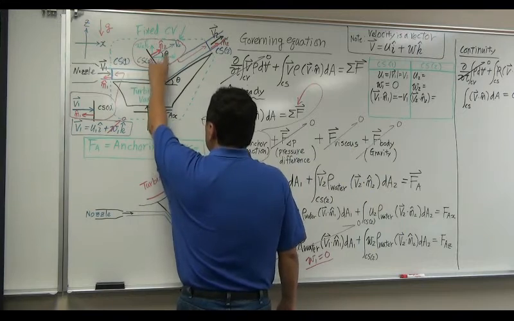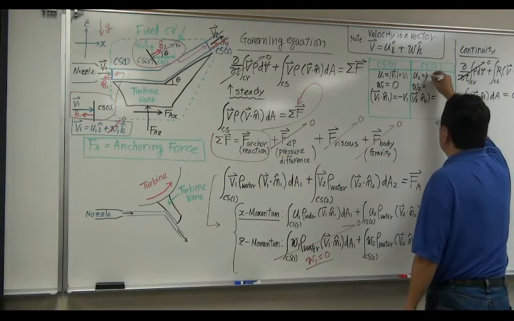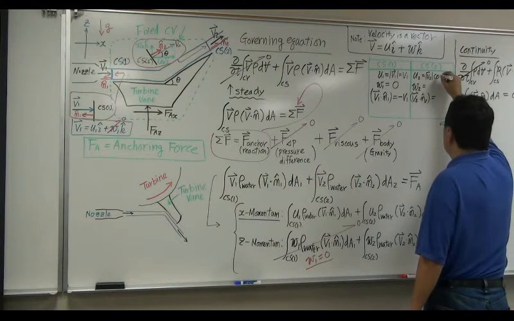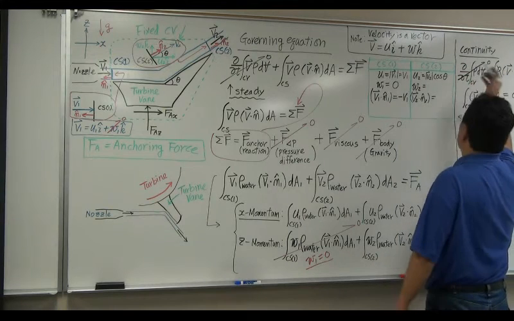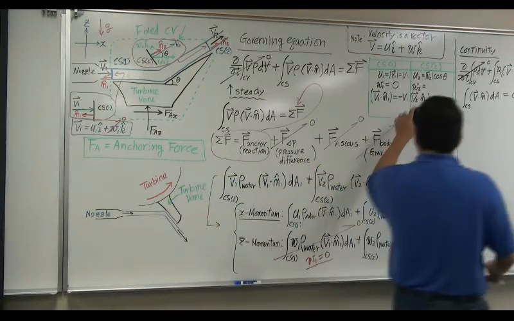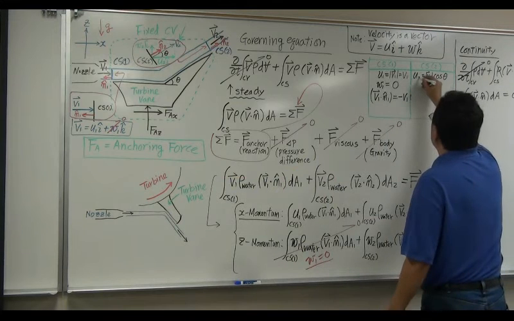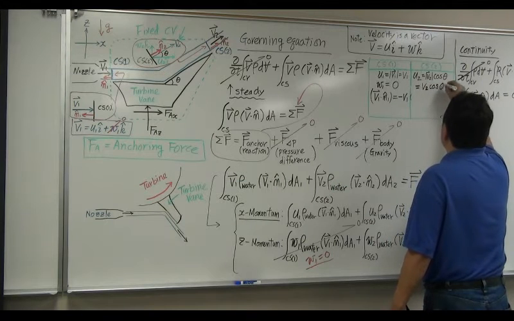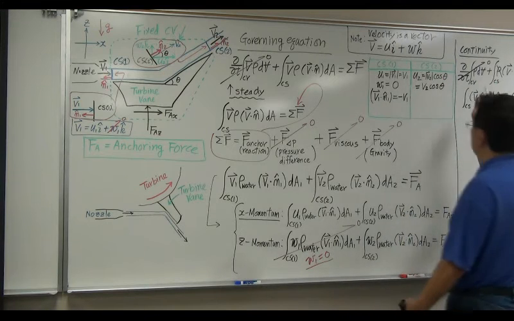The magnitude of U2 is B2 cosine theta, where B2 is the magnitude of the outgoing velocity.